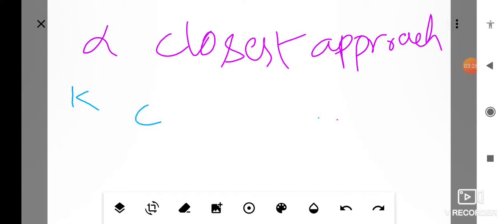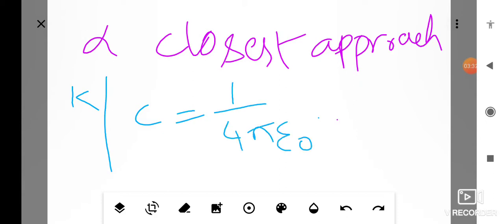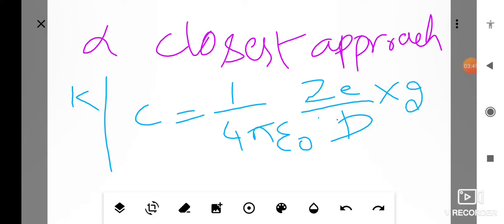Then write it as 1 by 4 pi epsilon naught, Ze by d. Here Z is the atomic number of the nucleus, multiplied by 2e, which means the alpha particle of charge 2e.